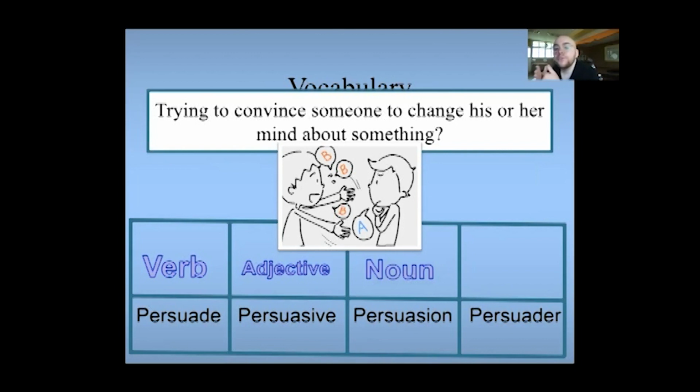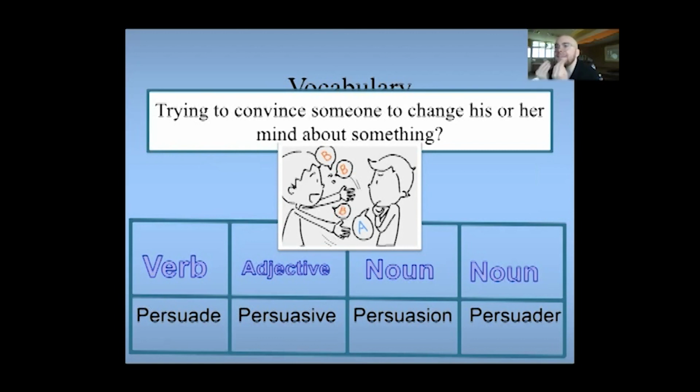And then we have persuasion, right? It's a noun. And then the persuader, which is also a noun, right?